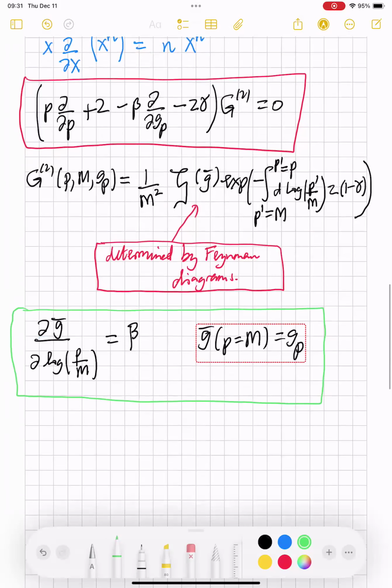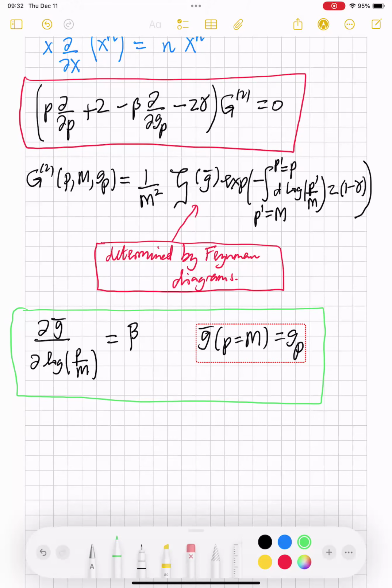And then what you can see is that this curly G of g bar will be the usual perturbative expansion just by summing Feynman diagrams. So we're getting that usual expansion appearing, but with this g bar. And g bar you can interpret as your running coupling, the coupling at whatever scale you're looking at. The second exponential factor, you can see that if you act with p d/dp, it's only going to hit the upper limit. The p is going to get swallowed up by the d log p, which gives you a 1 over p, and then you've got a 2 minus 2 gamma.